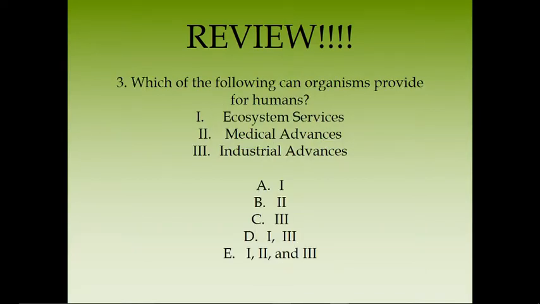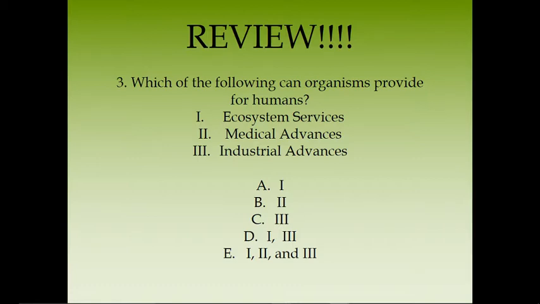And now for the final review question, question 3. Which of the following can organisms provide for humans? And your choices are I, ecosystem services, II, medical advances, and III, industrial advances. Is it A, just I? Is it B, just II? Or is it C, just III?